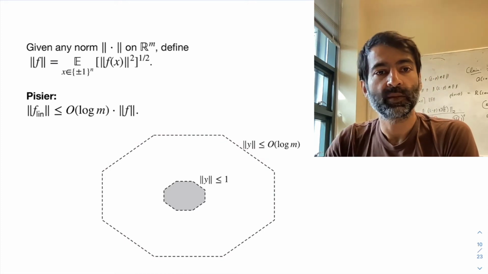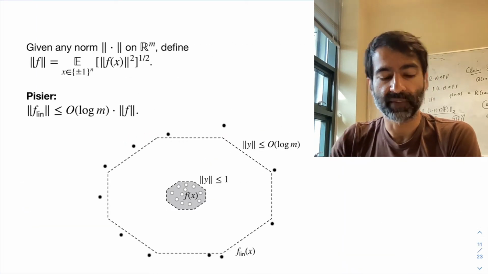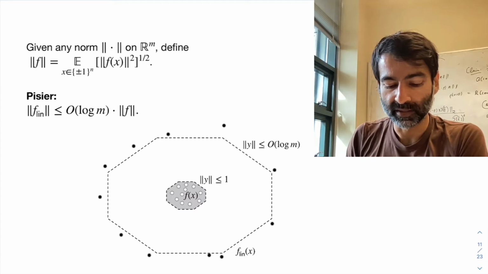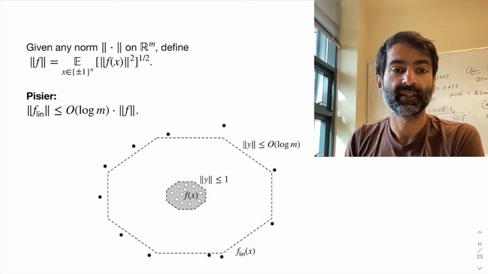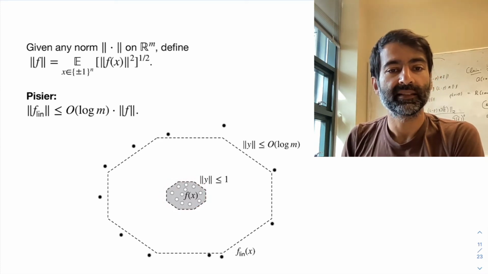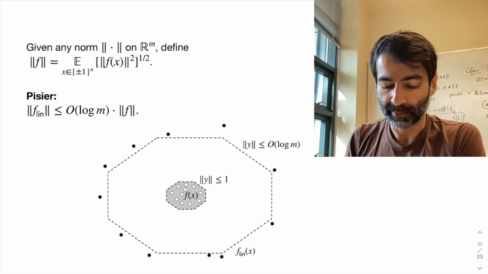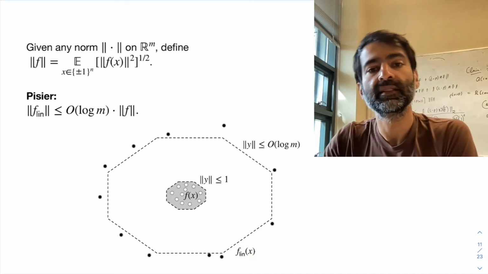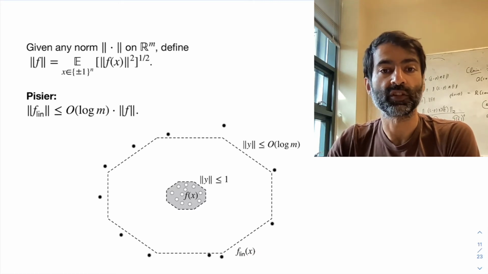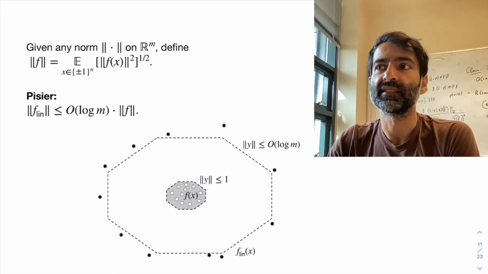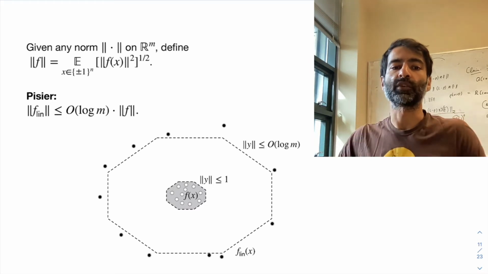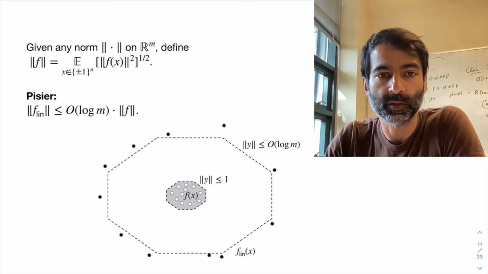Then what Pisier's inequality says is that if you have a function that maps all of the points of the cube inside the unit ball, it cannot be that when you project the function to the linear part, then all of the points get mapped outside the ball of radius order log m. So it cannot be that the linear part maps the points very far away, according to this norm.